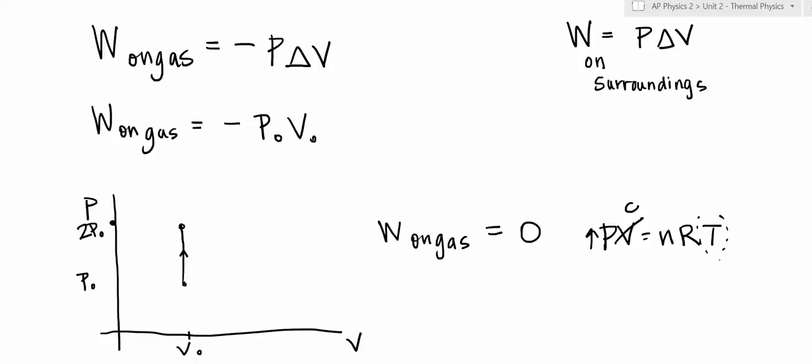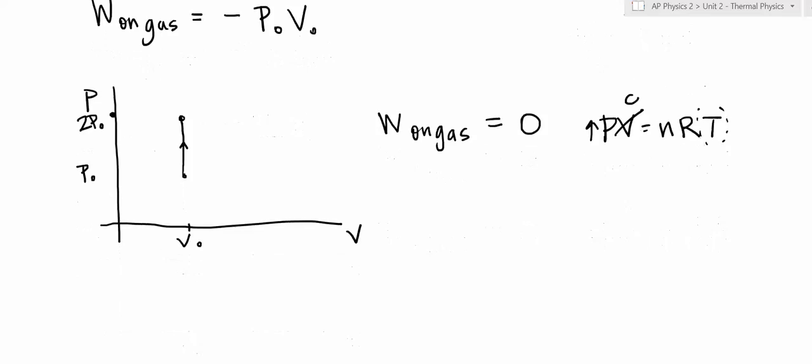So it's just a type of work. It's a type of energy transfer. The only way to change that temperature is to add energy to the system. And the only way we can add energy is, what did we do with the flask with the gas in it? How did we add energy to the system?